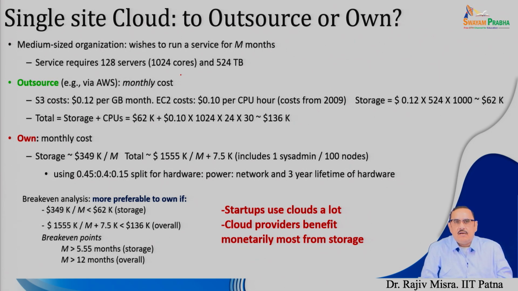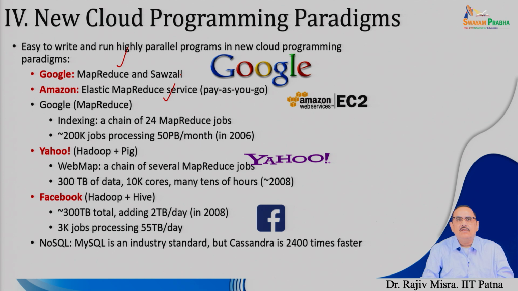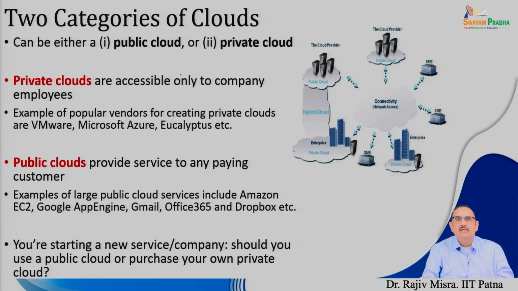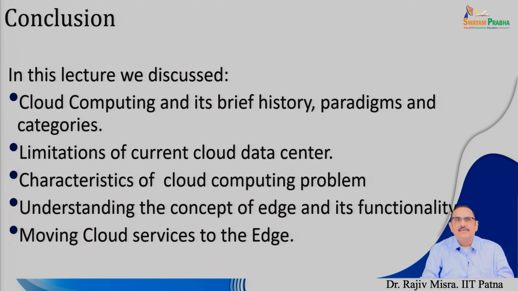So, what we have so far seen are the 4 features, and we have also seen 2 different types of clouds. Let us summarize with the conclusion of this lecture: we are moving from cloud services to the edge for several reasons which we have now stated.